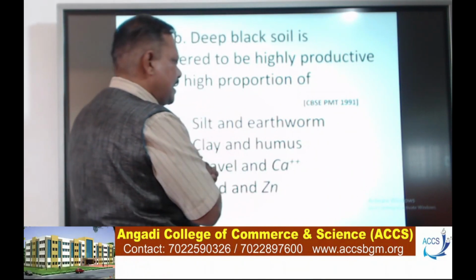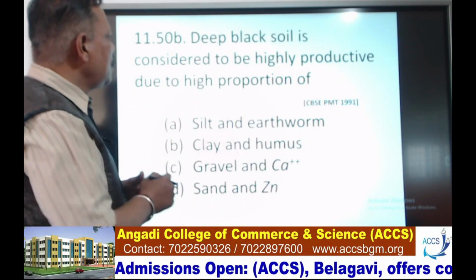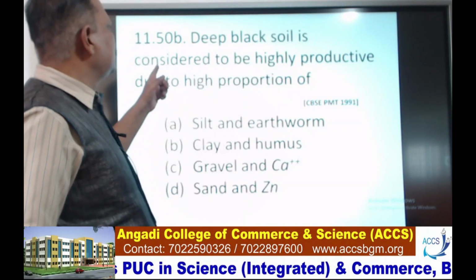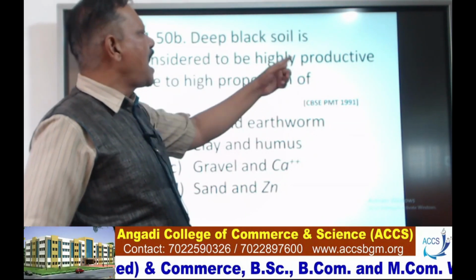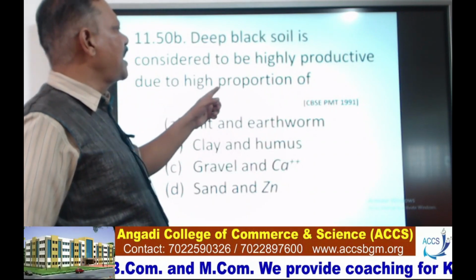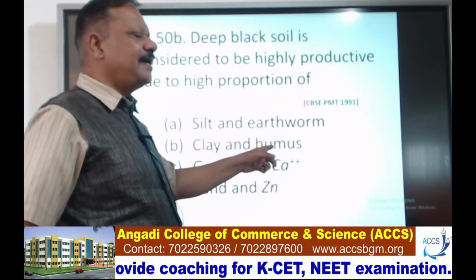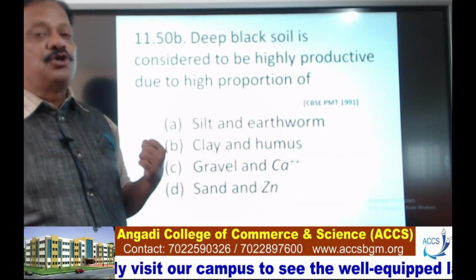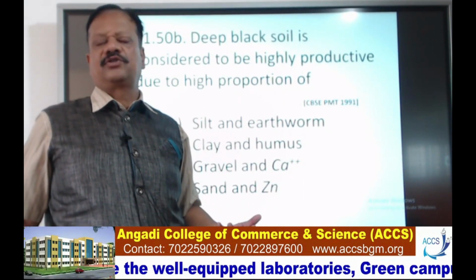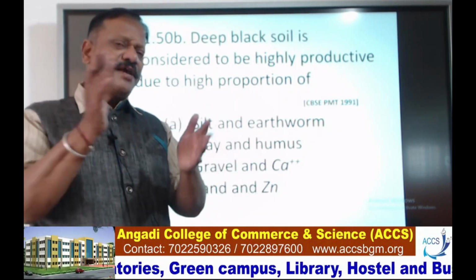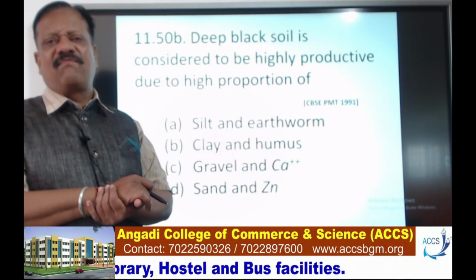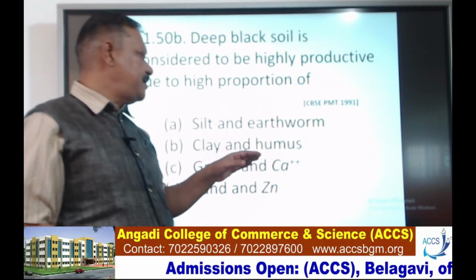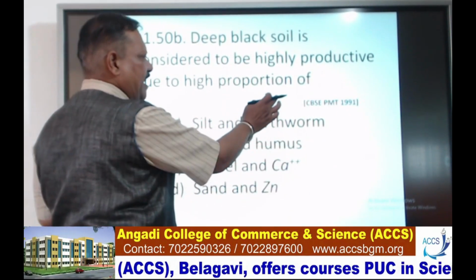It is clay and humus. Clay holds water, humus gives fertility to the soil. So whatever nutrients are required by the plant for vigorous growth, they are available here. So option B, clay and humus is the correct one. Next.